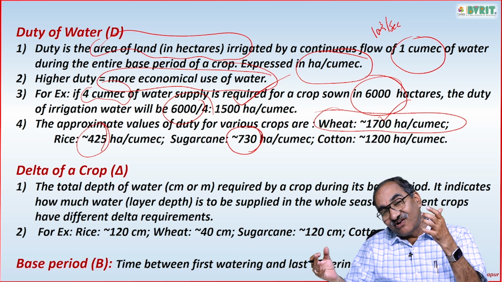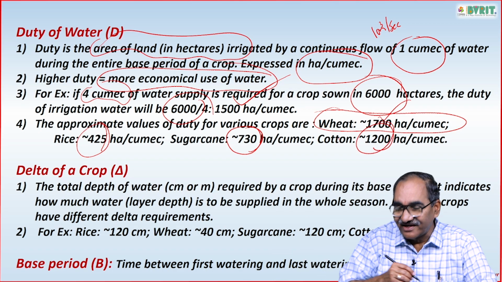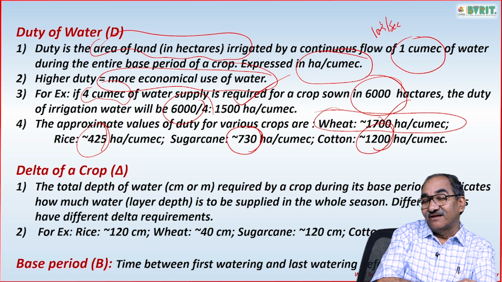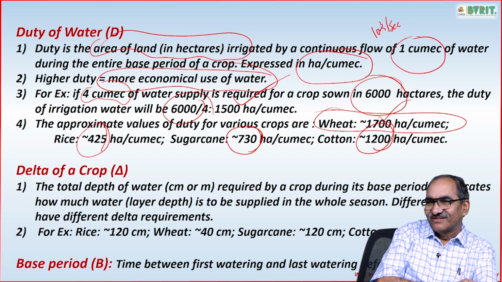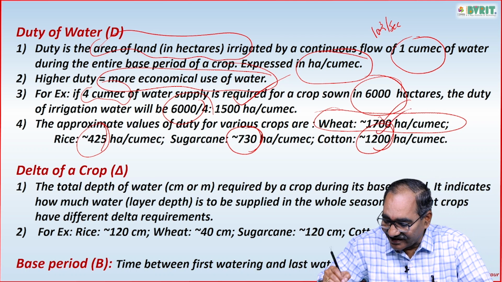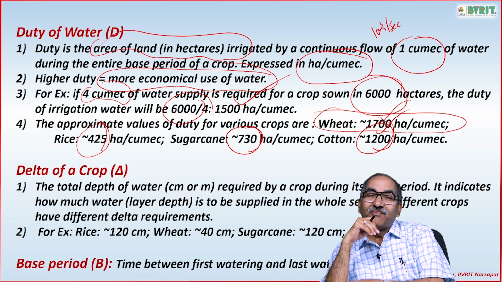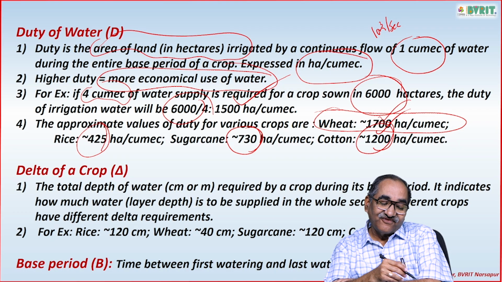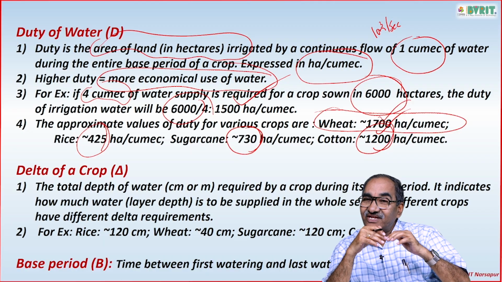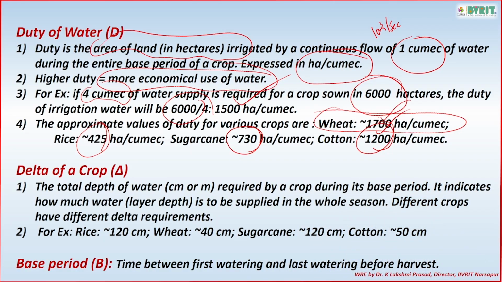The lesser the water you require, the more the duty. Cotton, 1,200 hectares per cubic, that means more the duty means lesser the water requirement. So that is how you need to use it. So for wheat and cotton, naturally the duty is higher because of the economical usage of water. Whereas for rice and sugarcane, the duty is less. That means more water requirement is there.